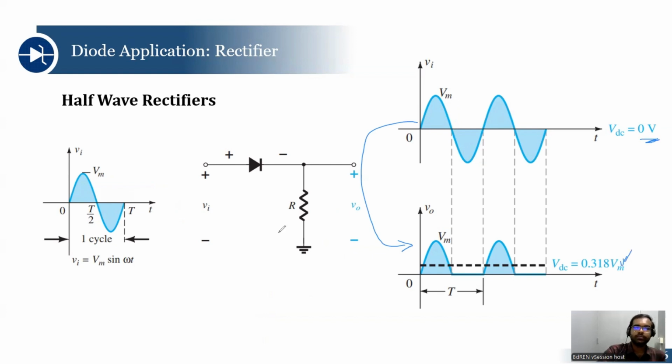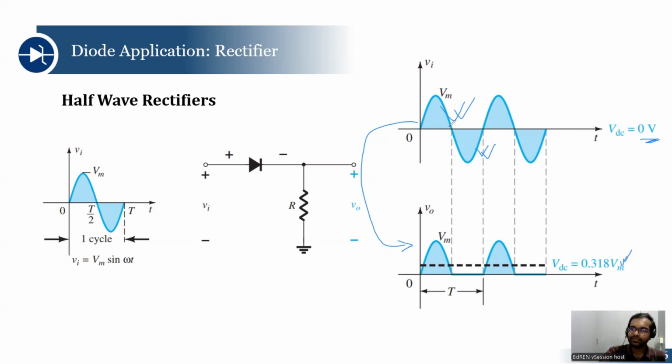Now the mentionable point is that we had a signal that had one positive half cycle and one negative half cycle. After the rectification process, we're getting only the positive half cycle, but not the negative half cycle. So 50% of the signal is cut off.